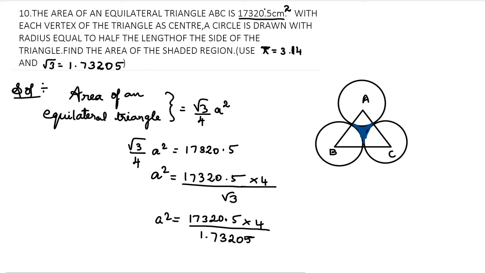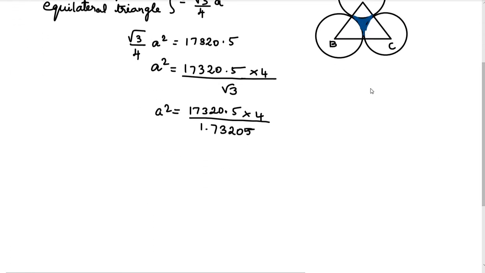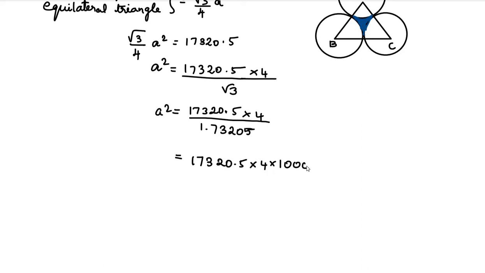So I have to multiply with 5 zeros. That is 17,320.5 into 4 by 1.73205 into 5 zeros.